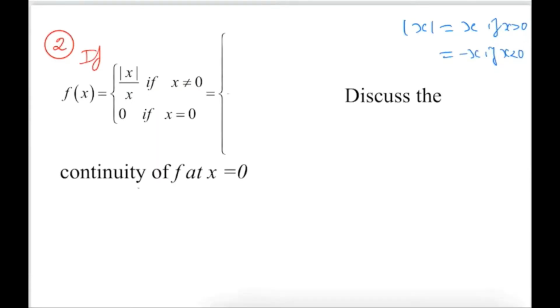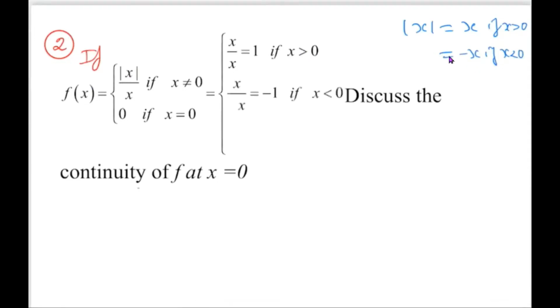If x is greater than 0, you get mod of x is x itself upon x, that becomes 1. So f of x will be 1 when x is greater than 0. When x is negative, mod x is minus x.